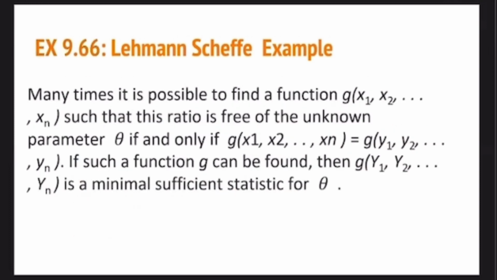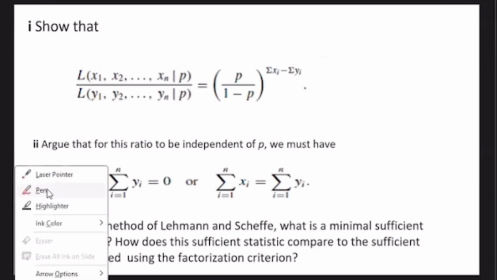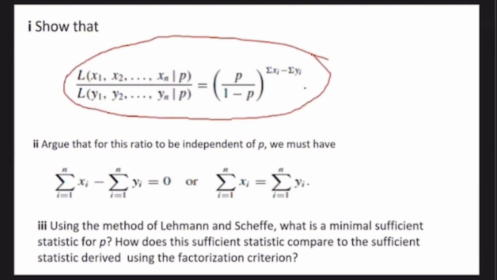After all that, it says we should show, using the Bernoulli distribution, that they're going to give you the probability distribution. Now, this question in the textbook is asking you to use the knowledge of Lehmann-Scheffé to show that the ratio of the likelihoods of a Bernoulli distribution is going to be given like this.